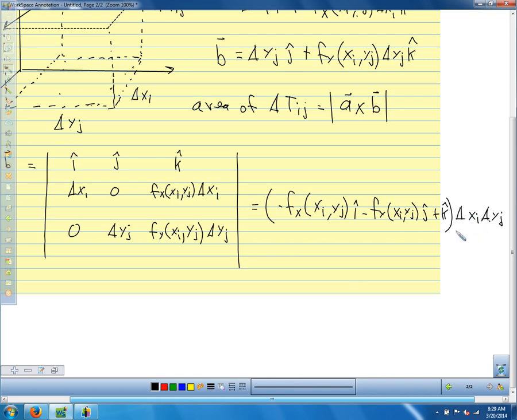Well, I can call delta x sub i, delta y sub j, delta A sub i. That's the small change in area in the xy plane.